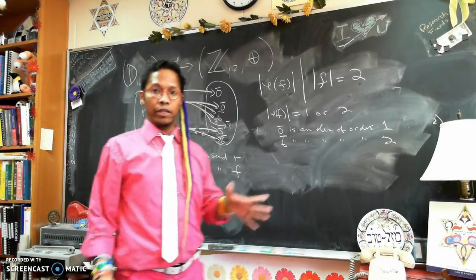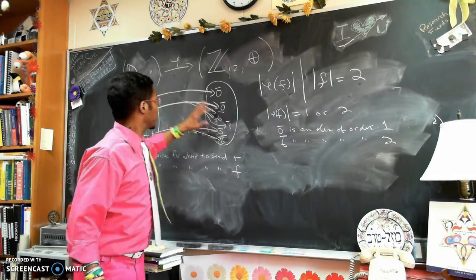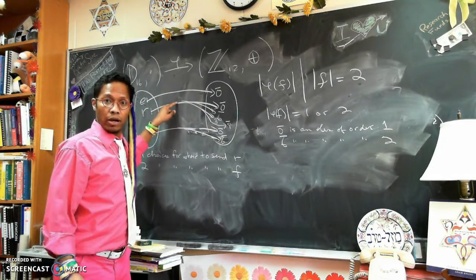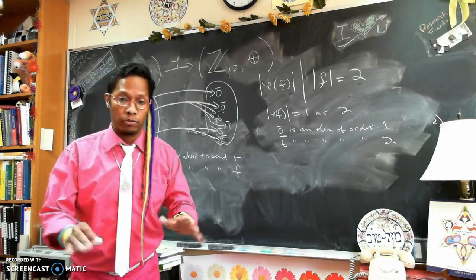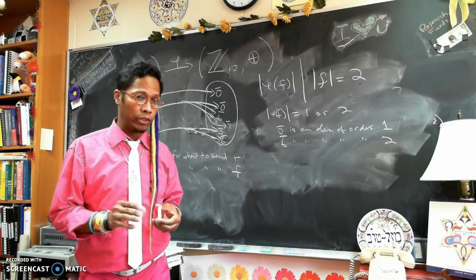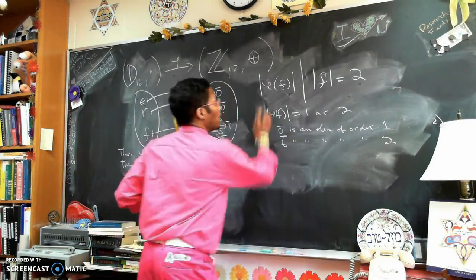So now you might be saying there are 8 possible homomorphisms from here to here, because there are 4 choices of where to send R and 2 choices for where to send F. No, there may not be 8 choices, because we still need to check the structural condition of the following.